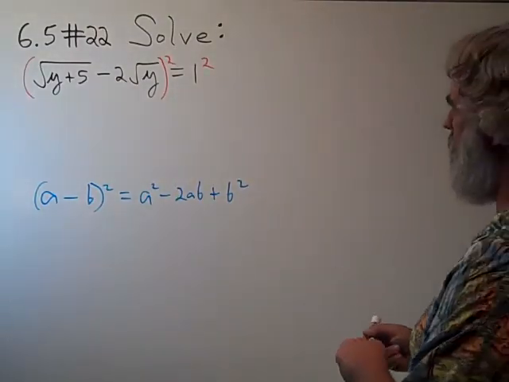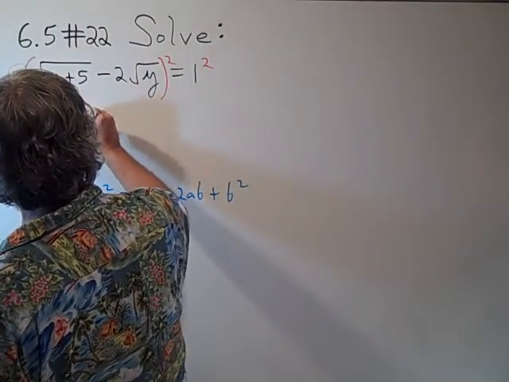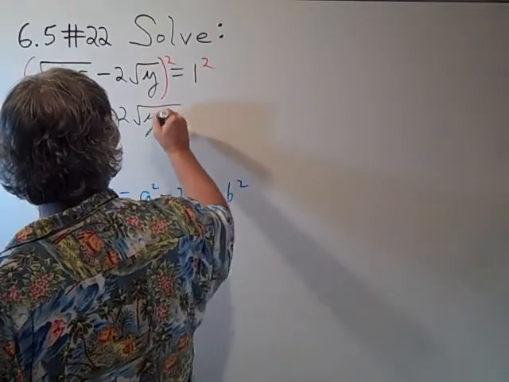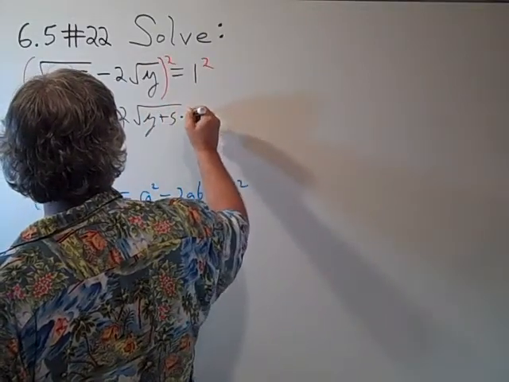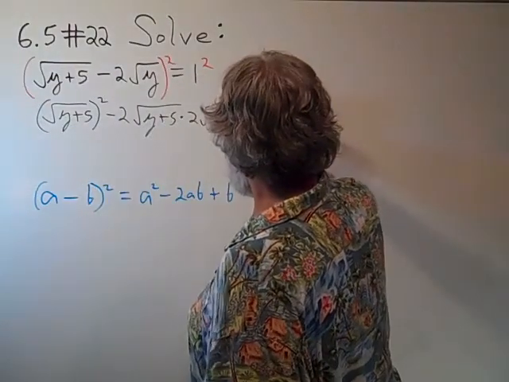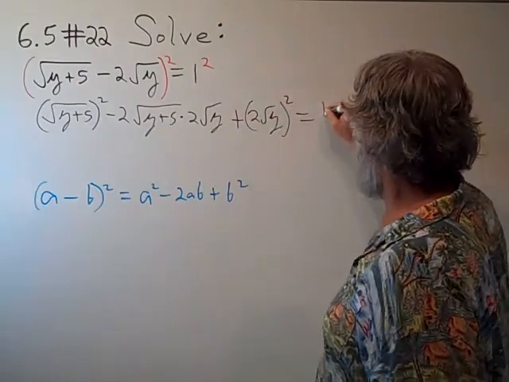So squaring that out, we have the square root of y plus 5 squared, minus 2 times the square root of y plus 5 times 2 radical y, plus 2 radical y squared, equals 1 squared, which is 1.